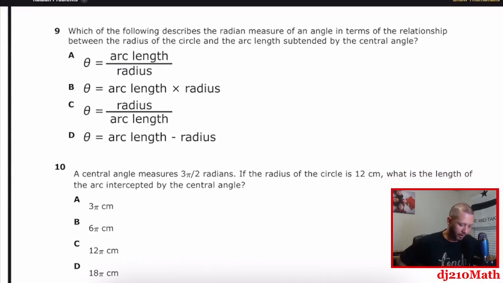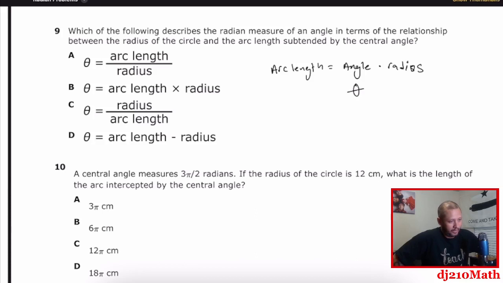Which of the following describes the radian measure of an angle? So which one is the formula that we've been using? We've been using arc length is equal to the angle times radius. Okay, here the angle, another symbol for angle, is the Greek letter theta, right? In algebra, we use x to denote numbers or an unknown variable.